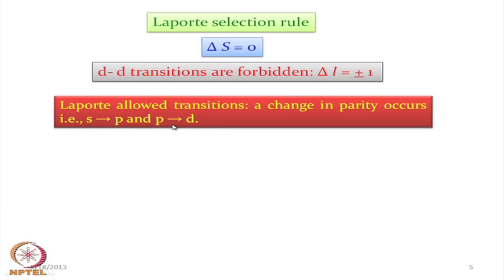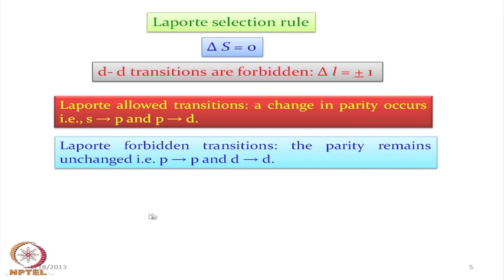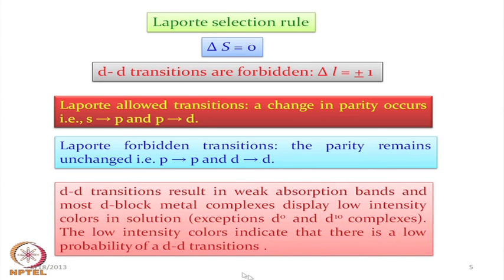These are Laporte allowed transitions, but what we are talking about here is the d-d transitions in the electronic spectra, which would therefore be Laporte forbidden. The Laporte forbidden transitions are those in which the parity remains unchanged. When the parity remains unchanged, the p-p transitions and the d-d transitions are Laporte forbidden.